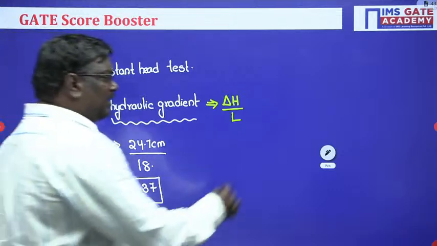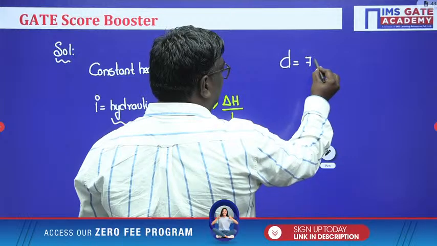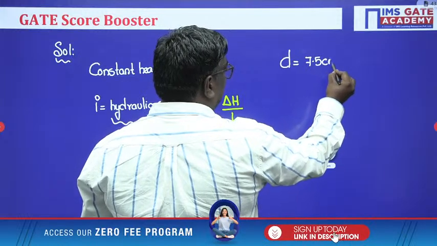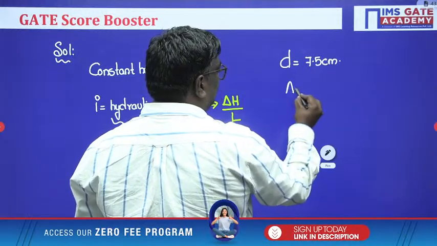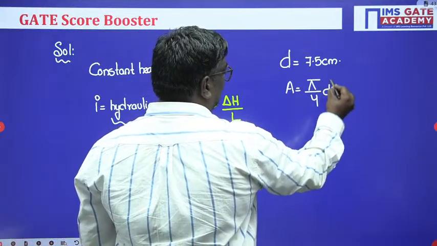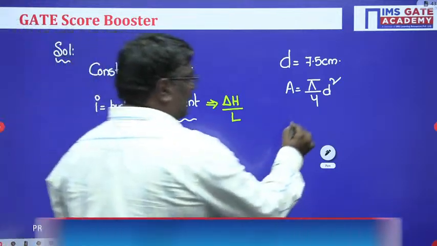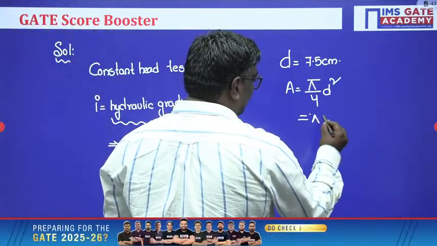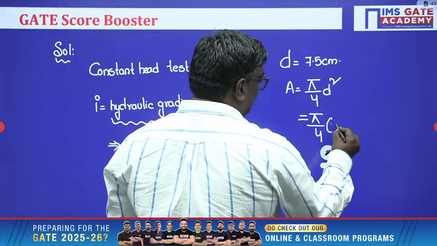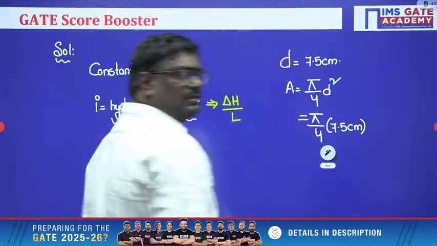They have given the diameter of the permeameter as 7.5 centimeters. So area will be equal to pi by 4 d square, that you can write as pi by 4 into 7.5 centimeters. Agree, my dear students?